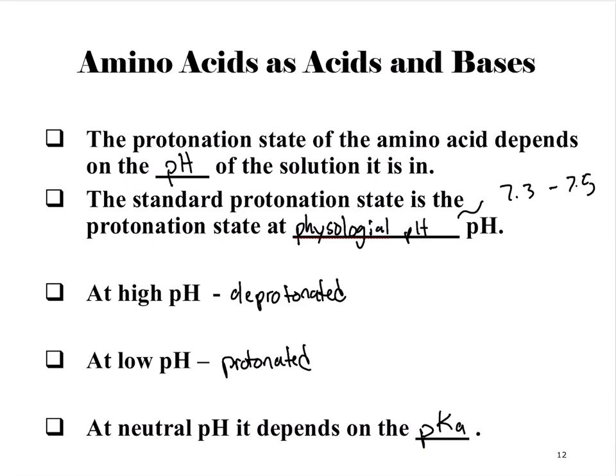So that's why it's the standard protonation state for those. And so at high pH, we said that the amino acid is going to be deprotonated, and then at low pH, it'll be protonated. But really, it's a little bit more complicated of a story because it actually depends on the pKa of that specific hydrogen that we're looking at.